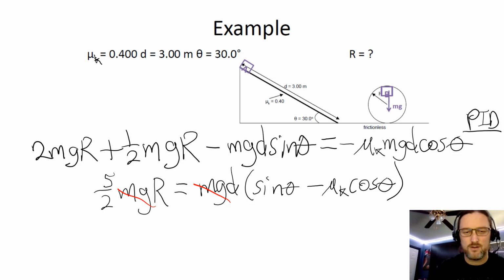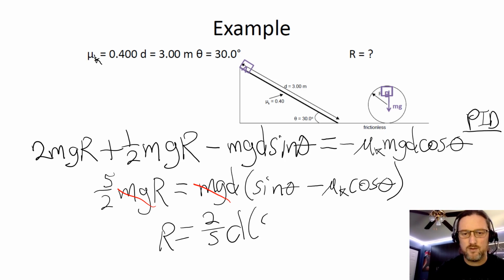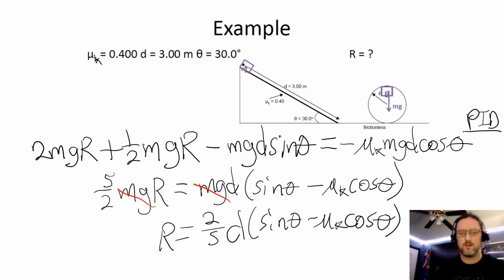I can just solve this for r, multiply by 2/5 of d times sine theta minus mu k cosine theta. And I'll leave it to you to crunch numbers in there with d equals 3 meters and theta equals 30 degrees and mu k equal to 0.4.